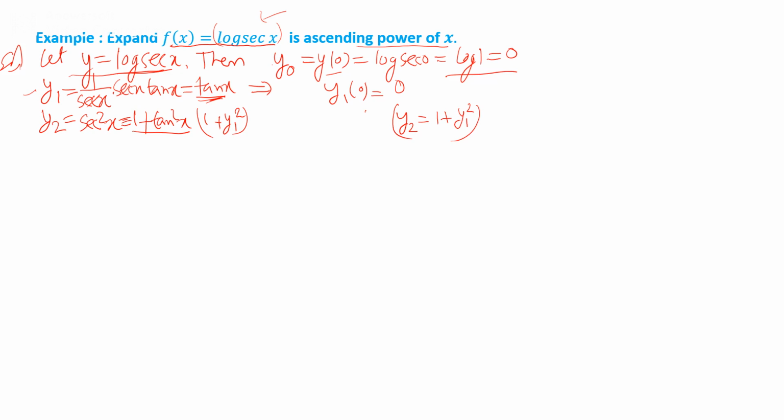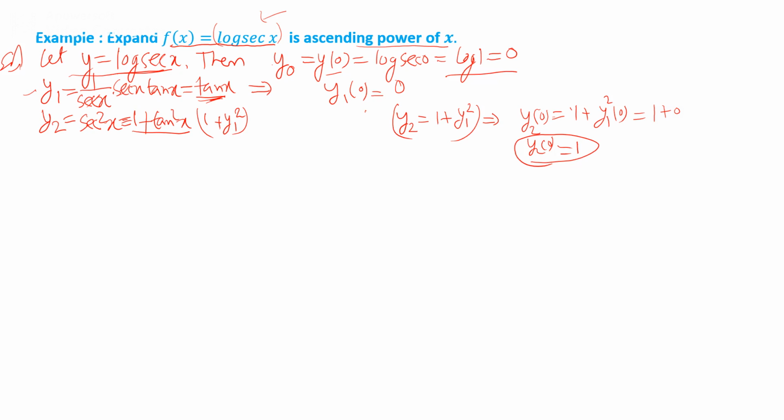Now if we put 0, y2 at 0 is equal to 1 plus y1 at 0 whole square. y1 at 0 is 0, so we get 1 plus 0, and y2 at 0 is 1.